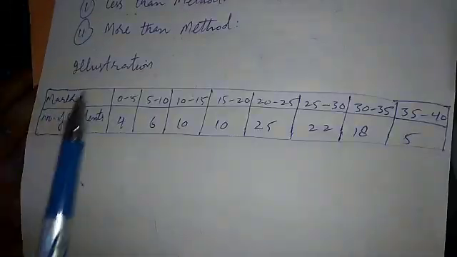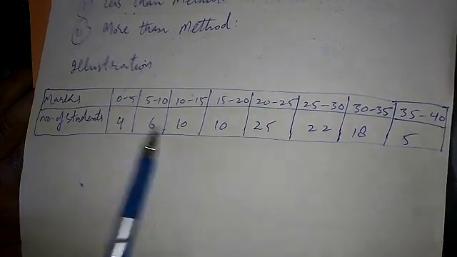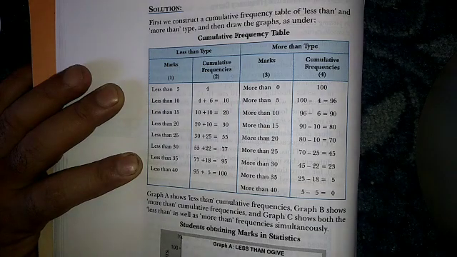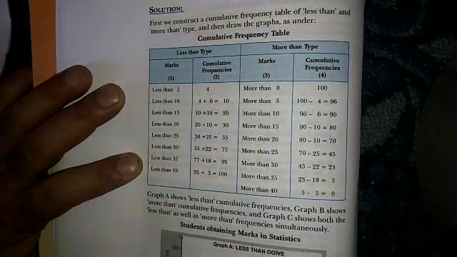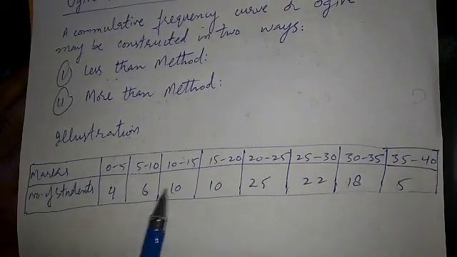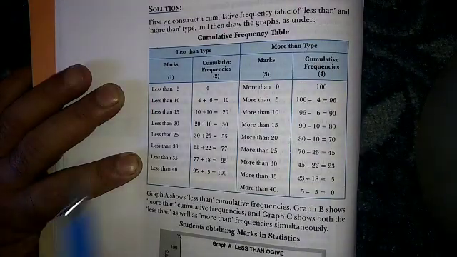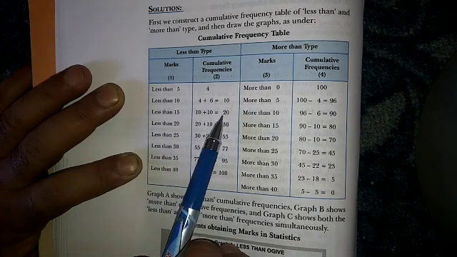And less than 10 is 4 plus 6, and less than 15 is 4 plus 6 equal 10, 10 plus 10, that will be equal to 20.